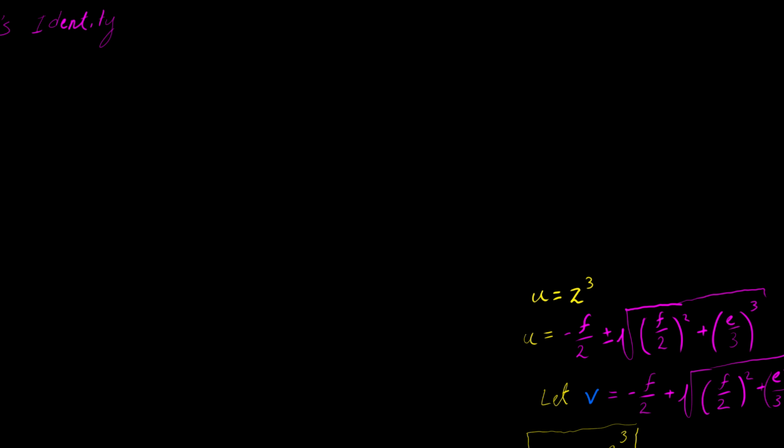We know that e to the i theta is just going to be equal to the cosine of theta plus i times the sine of theta. This is going to let us simplify our roots, and this is just Euler's identity. We should know that this is Euler's identity.